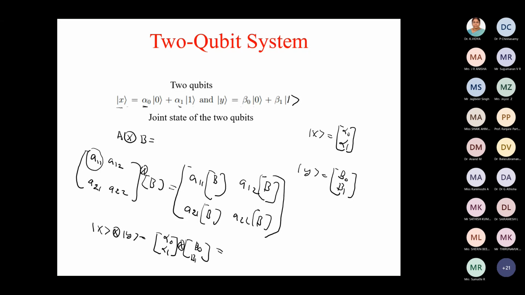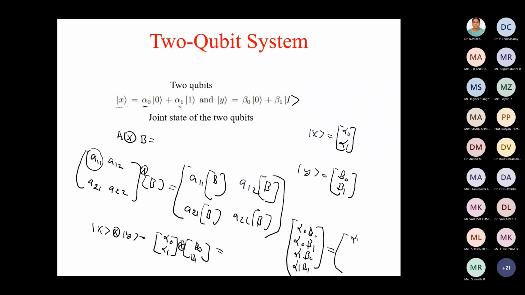Alpha 0 beta 0, alpha 0 beta 1, alpha 1 beta 0, alpha 1 beta 1. So it's a column matrix. Is it okay? Perfect.